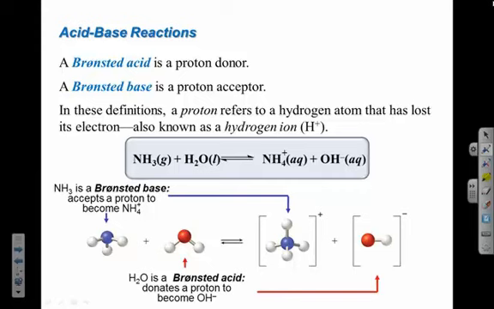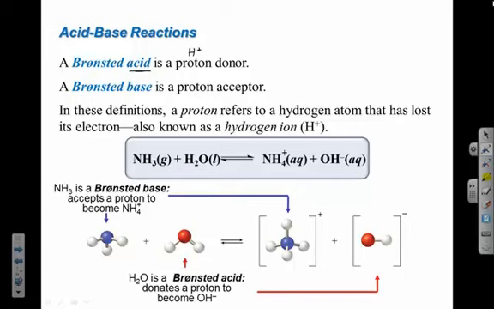By the Bronsted definition, which is probably more frequently used because it gives a clearer picture of the electron rearrangement in the reaction, the acid plays the same role. In the Bronsted definition, the acid is a proton donor, or an H+ donor.